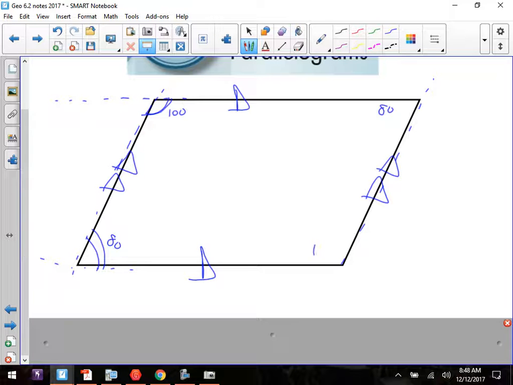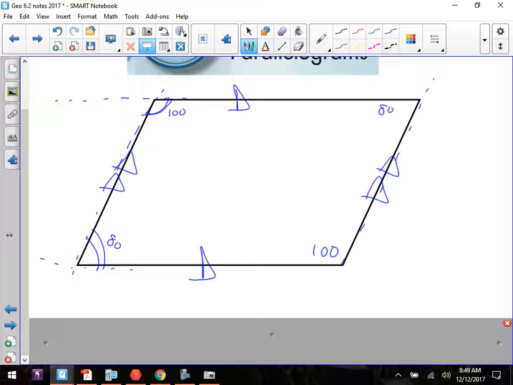What I'm showing here is that angles that are next to each other, remember we always say consecutive, consecutive angles are always supplementary, no matter where you're at. If I'm here, the next angle to my right is my supplement. If I'm here, the next angle to my left is my supplement. It always works.